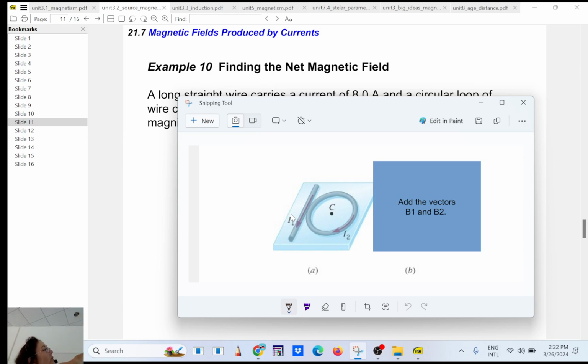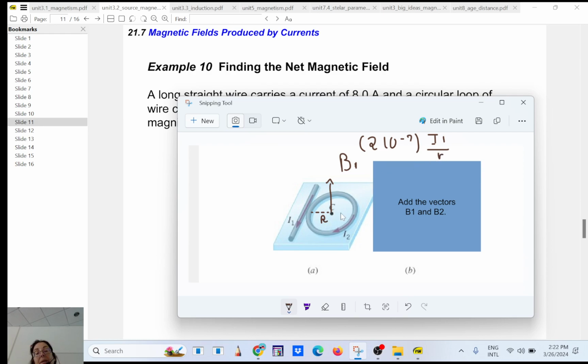You see the wire is coming towards you, magnetic field like this, right? So the magnetic field produced by I1 is going to be up. And that equation will be 2 times 10 to the negative 7 I1 over the distance here.